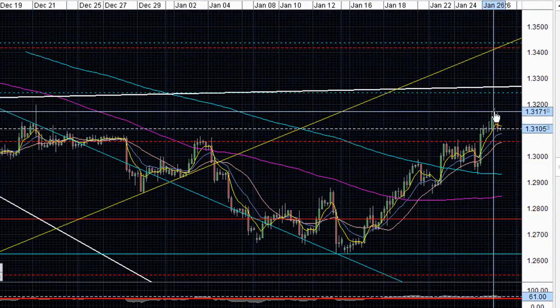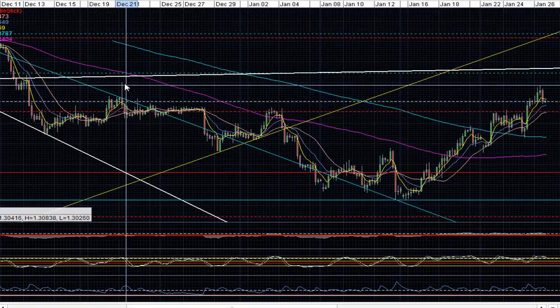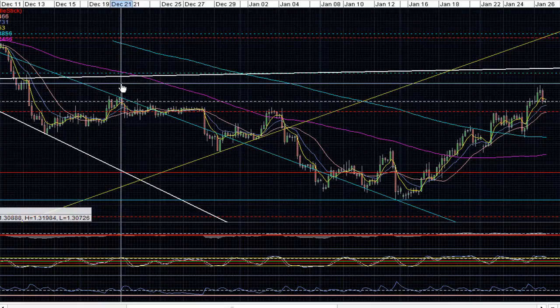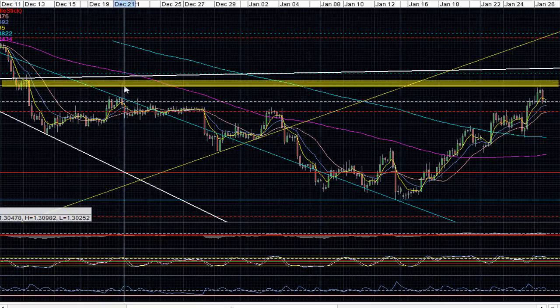So if you take the high here from today, which was 31.84, and you glance to the left, you can see that on 2 occasions, on December 21st and on December 12th, this 10 pip range served as strong resistance and support, or prior resistance and support previously on our chart.